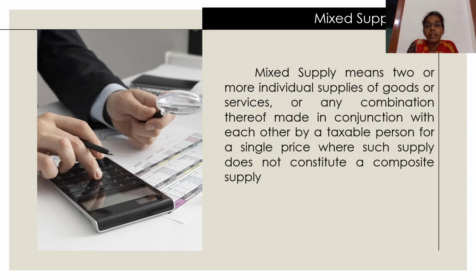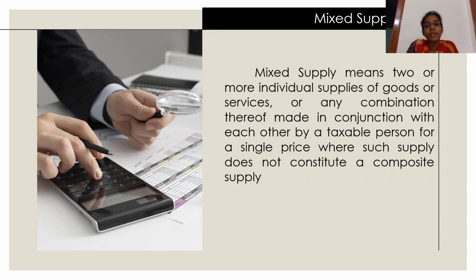Next, let's understand what is mixed supply. This is given under Section 2, sub-section 74. Mixed supply means two or more individual supplies of goods or services or any combination thereof. So it is also a combination of two or more individual supplies, whereas in the previous case of composite supply it is naturally bundled supply.